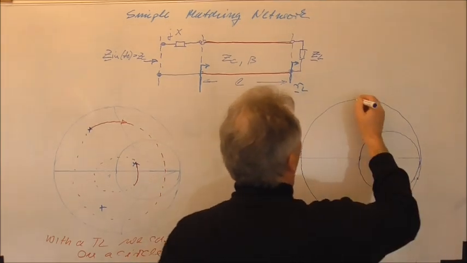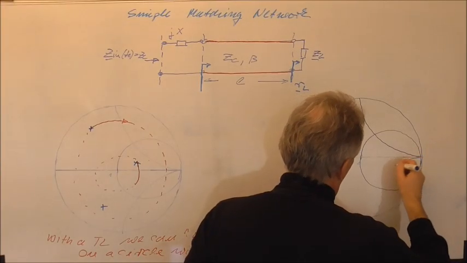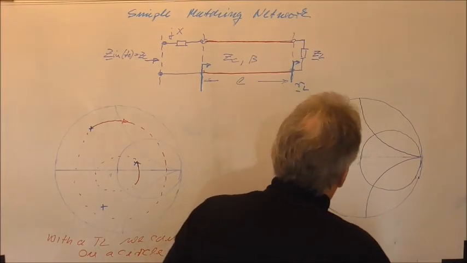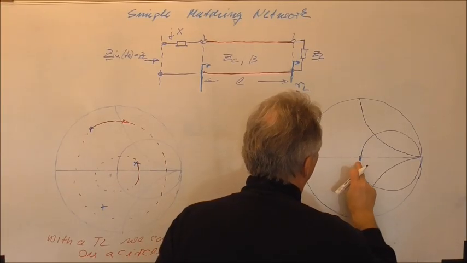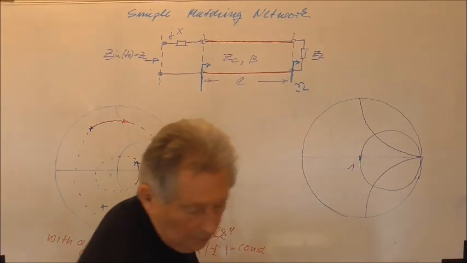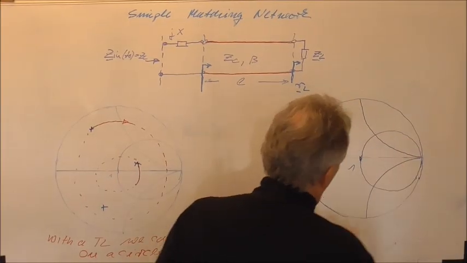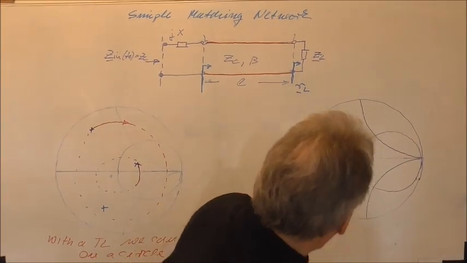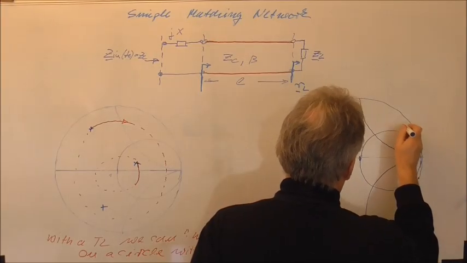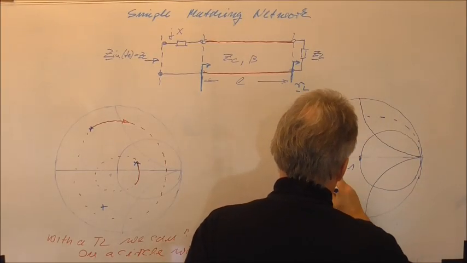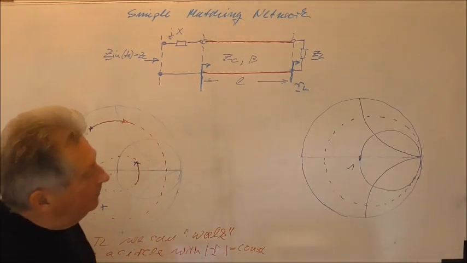So here we have a line like this. Here we have the point 1. Maybe I draw here some further circles, real part circles. For example, one real part circle would look like this. This is a real part circle.